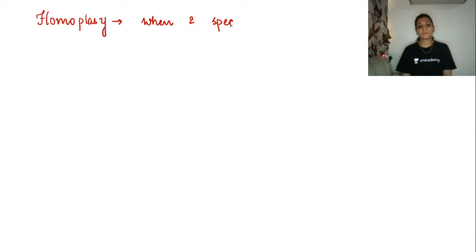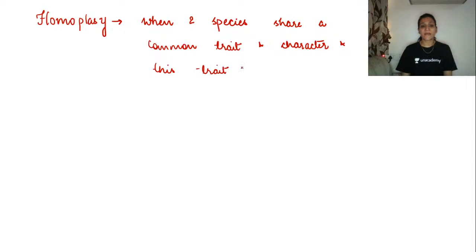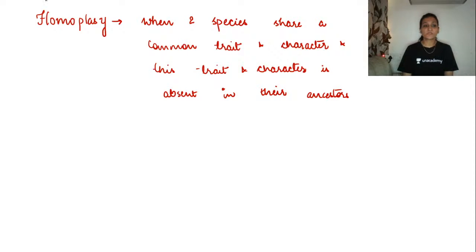When two species share a common trait and character, and this trait or character is absent in their ancestor, it is called homoplasy. Right? This is the thing.